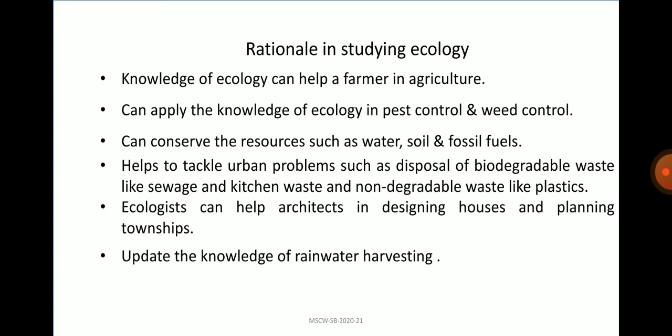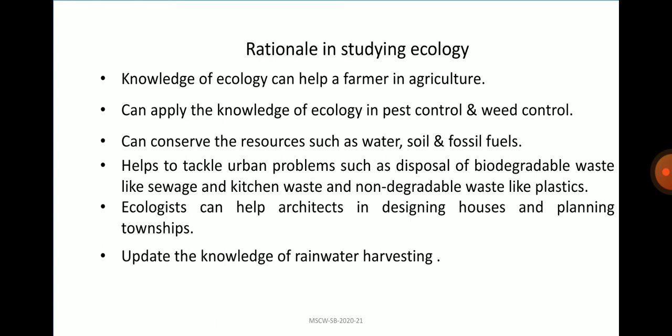An ecologist can help architects in designing houses and planning townships. They can use materials which will be eco-friendly, and there is scope for making a gobar gas or biogas plant. Then they can always use low-cost heating systems which will save electricity.